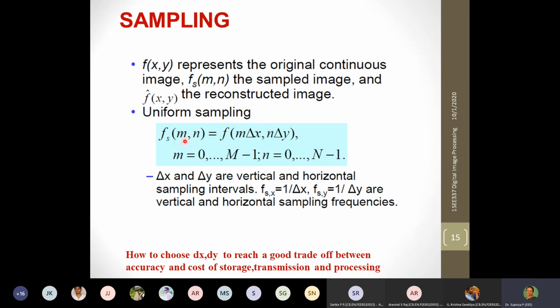We are going to sample the image, that is fs(m,n) is going to be obtained as f(m Δx, n Δy), where Δx and Δy could be got from the sampling frequency as 1/Δx and 1/Δy. And this forms the basics that, similar to the Nyquist criteria, if we are not going to follow this, we are likely to get errors like the checkerboard effect or the pixelization error.